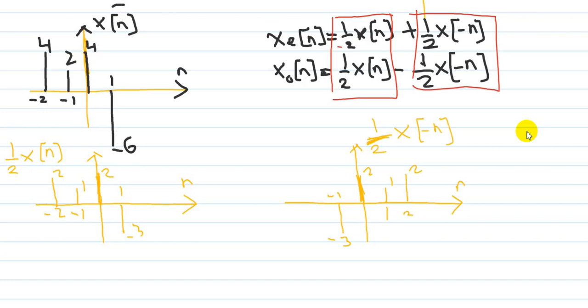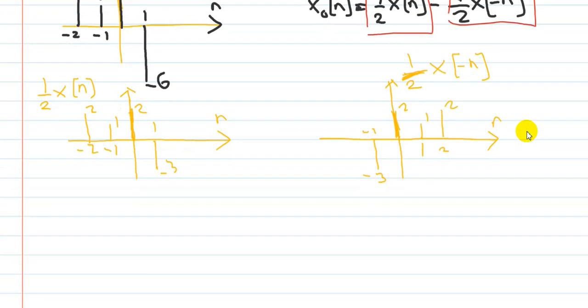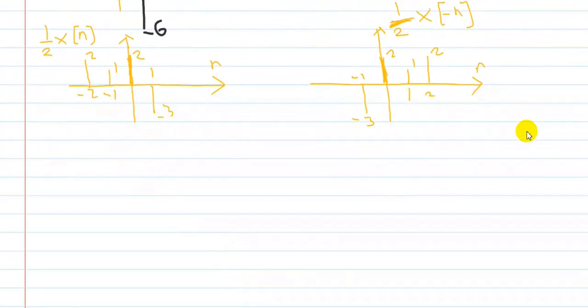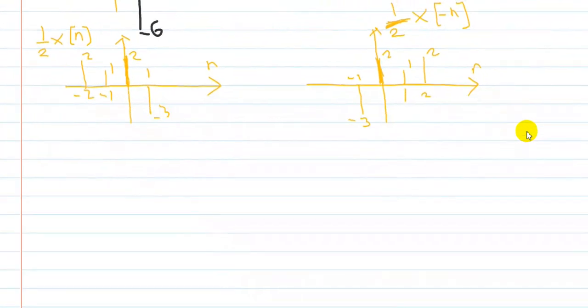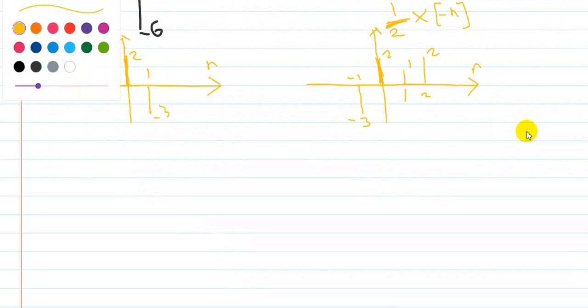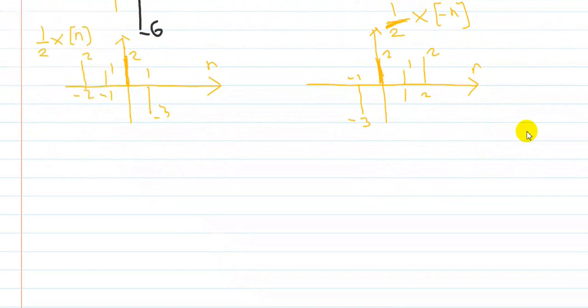Okay, so now we have calculated the main thing here. Now the simple part is we will add them one time to get the even part and subtract them one time to get the odd part. So for the even part, we will just add them. Addition is quite straightforward.